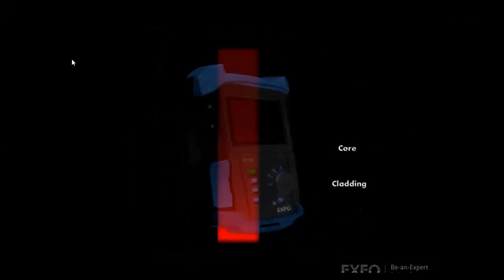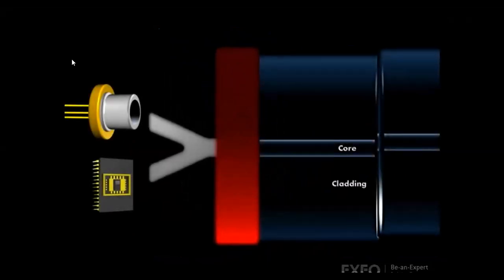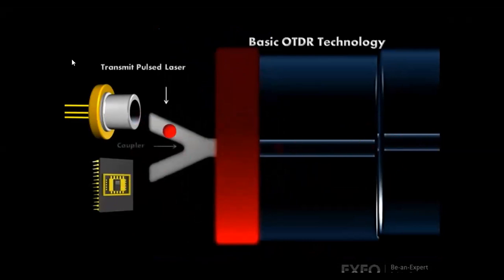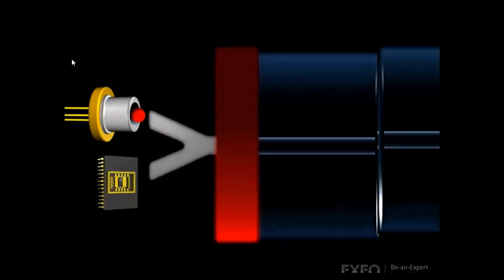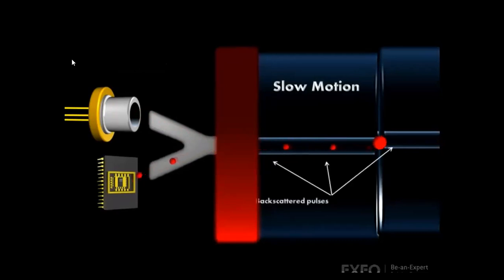Let's take a look inside the OTDR. The basic components are a transmitting laser, an optical coupler, and a receiving photodetector. The transmitter pulses light through the coupler into the core of the fiber. The detector receives and measures light returning through the coupler. If we look at individual pulses in slow motion, we can see that as the OTDR generates one pulse down the fiber core, multiple backscattered pulses are produced and travel in the opposite direction towards the detector.